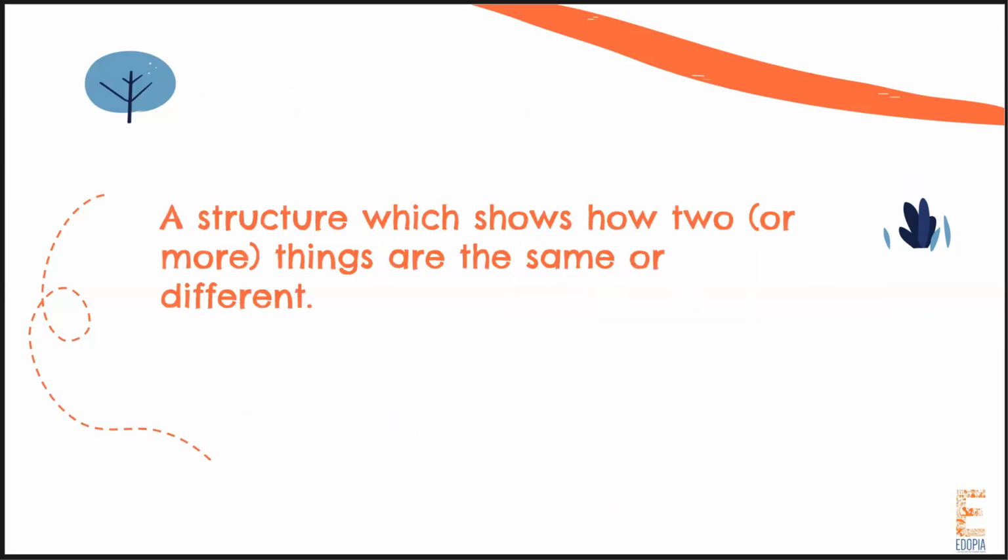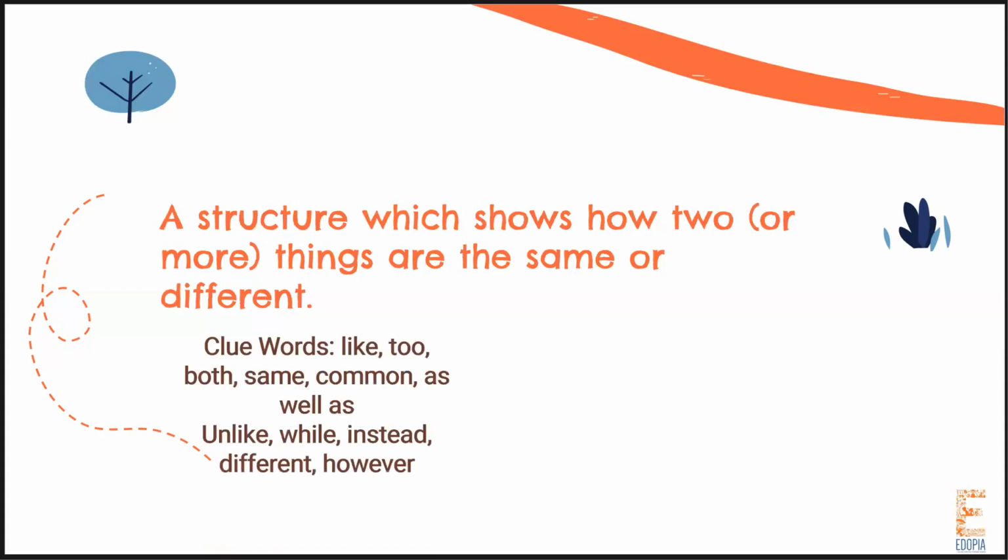Moving forward, a structure where a writer may often look at two or more things and decide how they're alike and how they may be different. Now, clue words could be like same, unlike, both, common, as well as, instead, different, however.